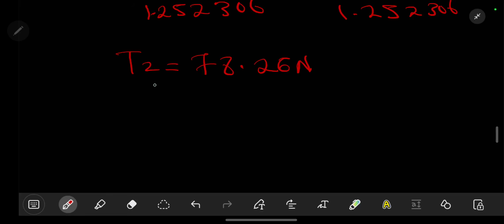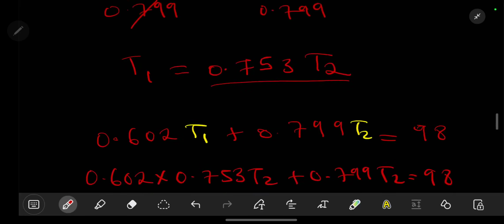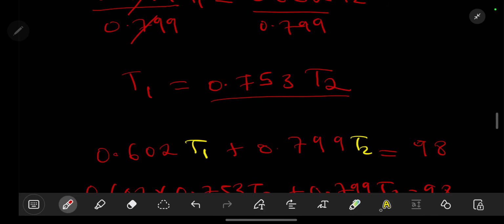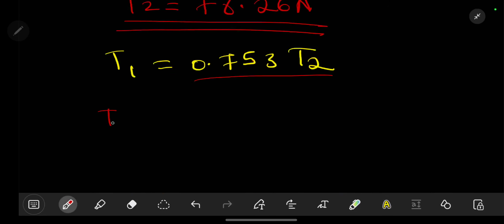Then we have our T2, then our T1. Getting the equation, we make T1 the subject of the formula. So our T1 should be equal to 0.753 times our T2, which is 78.26 newtons.